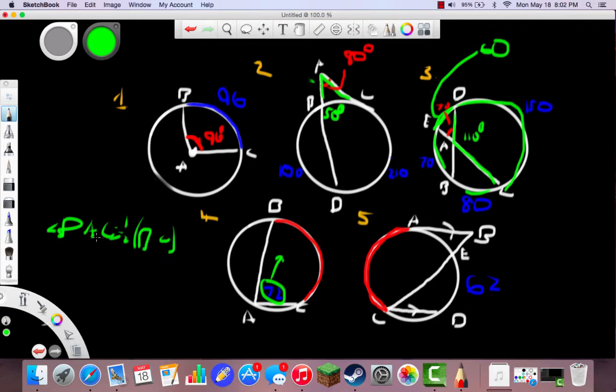We have the angle already, but we're trying to find arc BC, correct? So you just have to multiply by 2, and you'd get arc BC equals 72 times 2, which is 144 degrees.